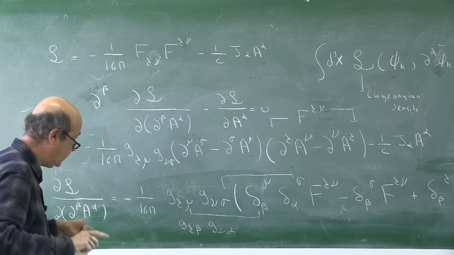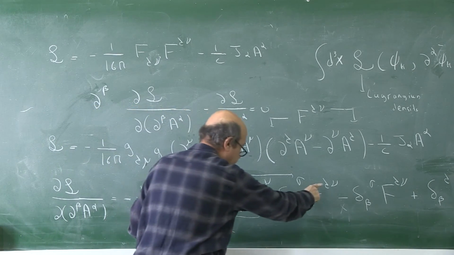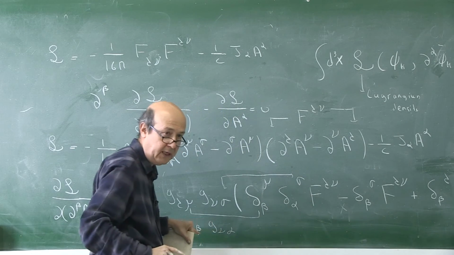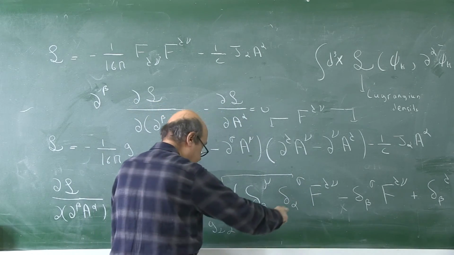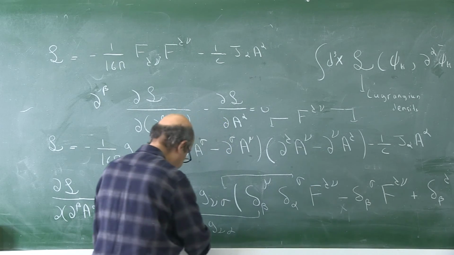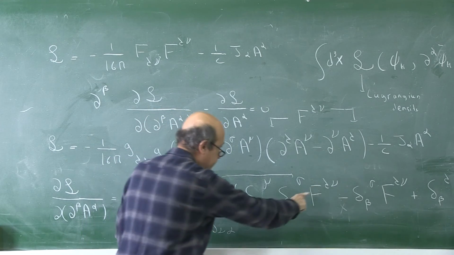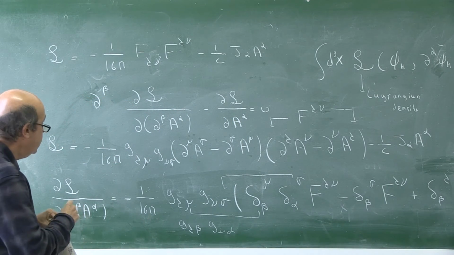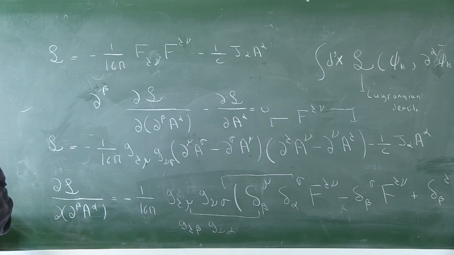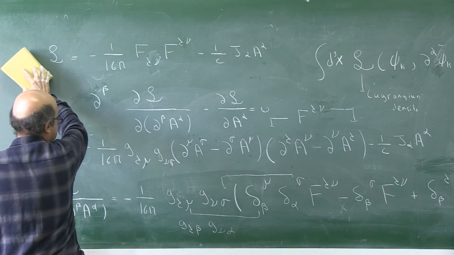Let us do one more thing. Let us now consider the f lambda mu. F lambda mu. So if you contract this lambda and lambda, what will be the f? What will be the f? So I need a space.